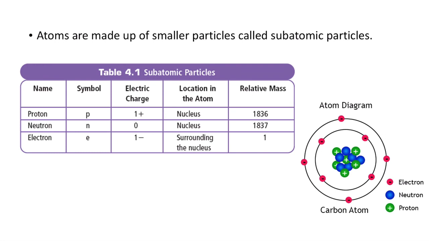So for example, we have a proton, which we symbolize with the lowercase letter p. It has an electric charge of +1, or 1 plus. It's located in the nucleus, and it cannot leave the nucleus. It has a relative mass of 1,836. We will get back to that in a second.